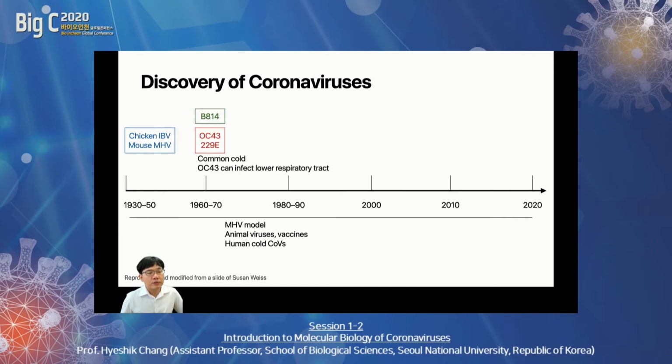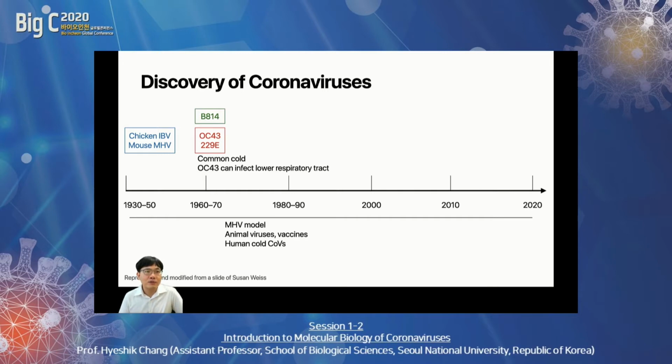We found coronavirus in the human body in the 1960s. The UK NHS established an influenza research institute in 1945, and they looked into what was the cause of the flu. There were some known viruses, of course, and they removed those known viruses and then they found a new virus strain called B814, named after the sample.